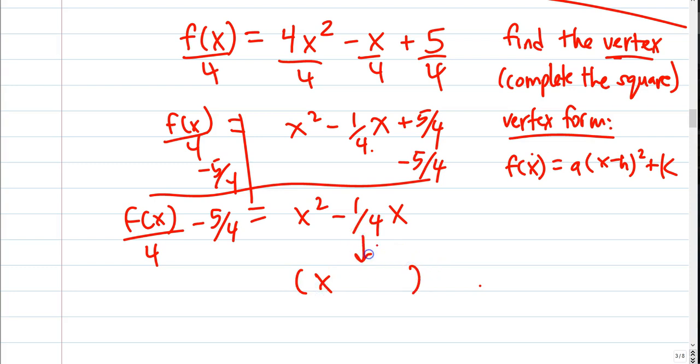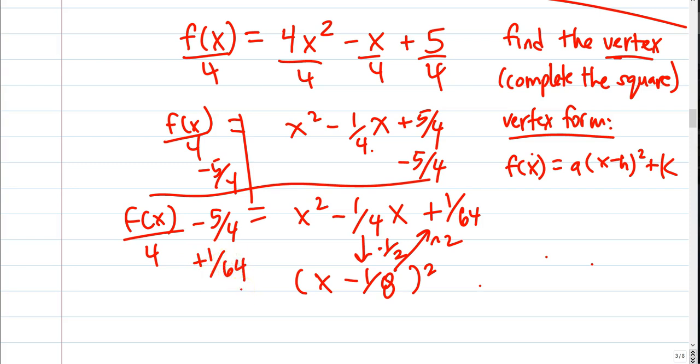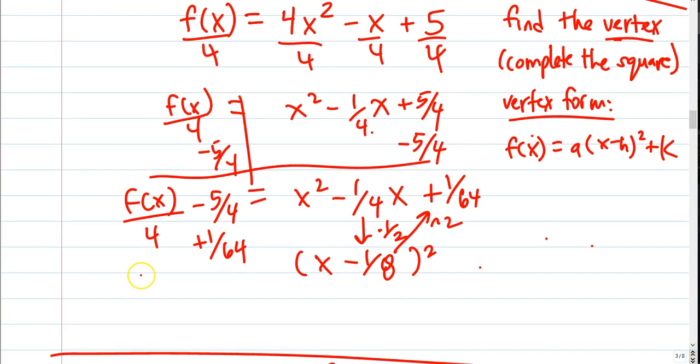We do half of 1/4, or we multiply by 1/2. That gives us 1/8. Going up, we square it. 1/8 times 1/8 would be 1 over 64. So I'm going to add 1 over 64. As soon as we do this, we're going to actually have it really close. F of x over 4, -5 over 4 plus 1 over 64. You could give them a common denominator.